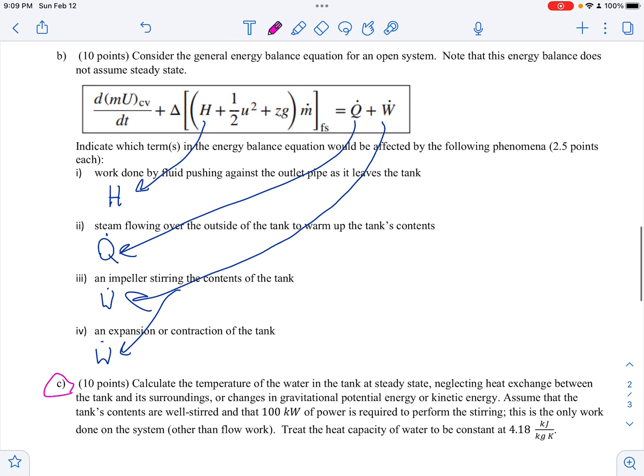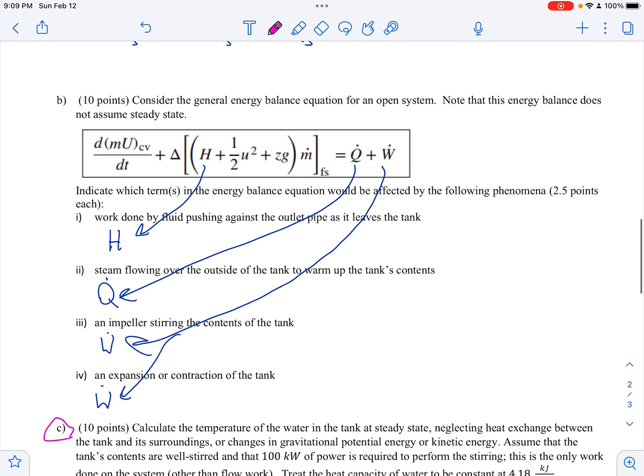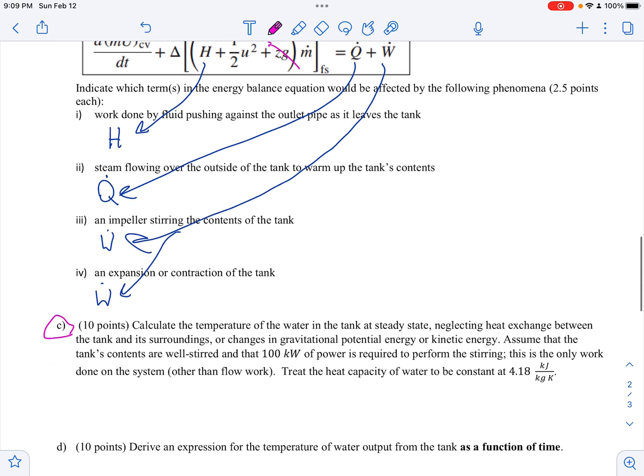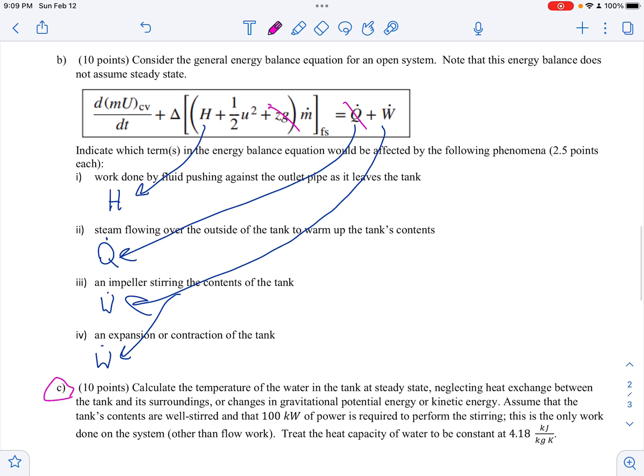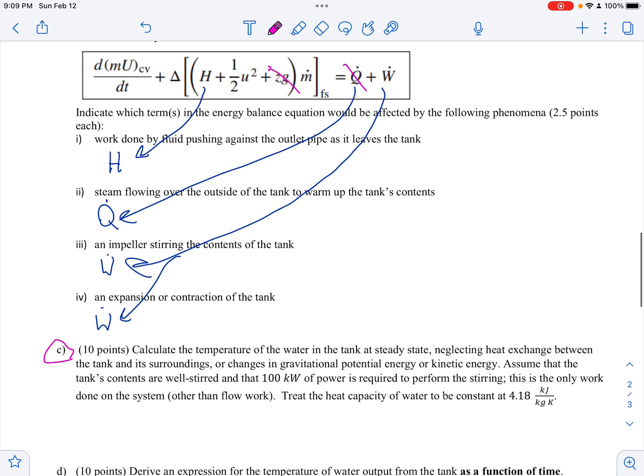If we're neglecting the gravitational potential, then this term would be 0. If we are neglecting heat, then this term would be 0. The kinetic energy refers to the velocity, so that term would be 0.